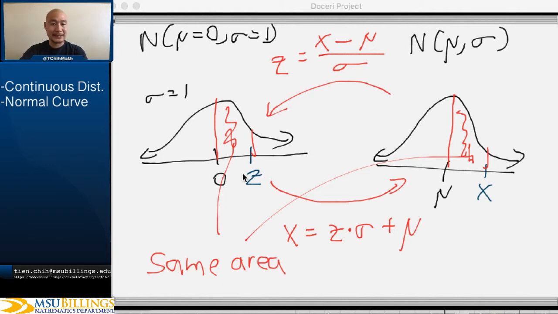And so that means that I can find out everything I want to find out on any normal curve by finding the corresponding areas here on the standard curve, and any area under the standard curve corresponds to some region under every possible normal curve. All right.